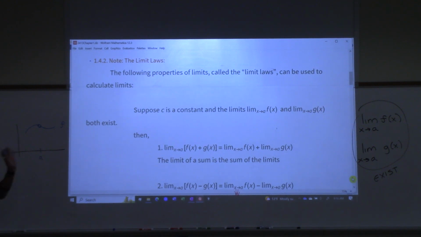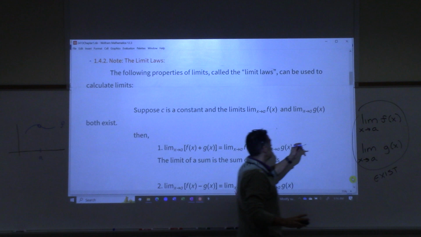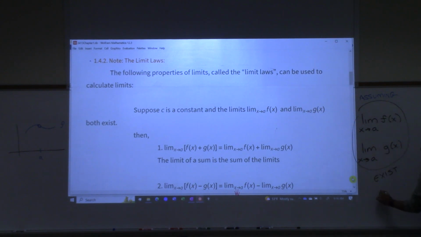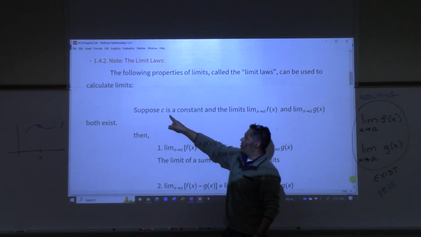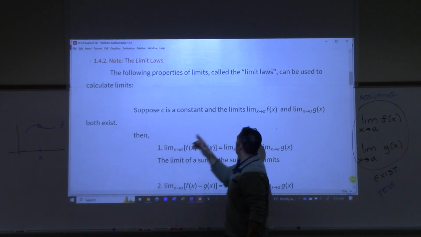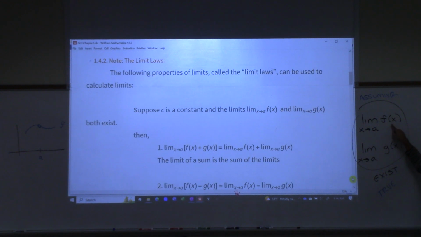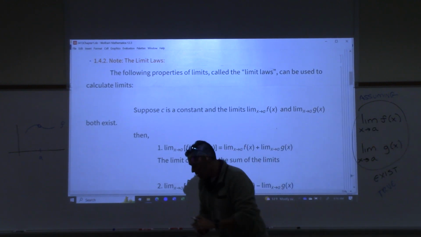So we are starting this whole thing off with the limit laws by assuming that all of this is true. Suppose you have some number that you don't know what it is, and that the limit of this function f exists, and the limit as x approaches a of some other function g exists as well.